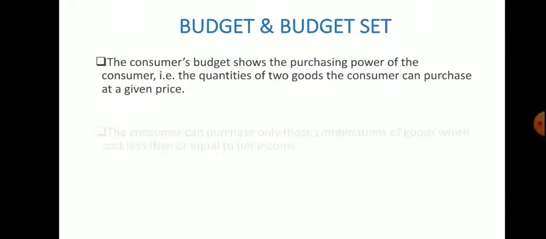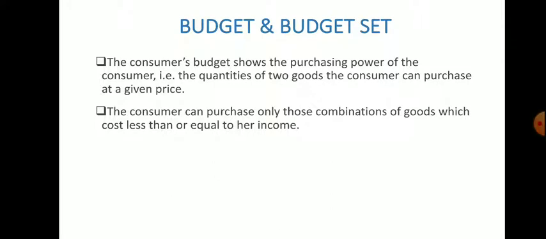Now, the consumer can purchase less than his or her budget or equal to that. He or she cannot purchase more than that budget. If the person is having 10 rupees, he can spend that 10 rupees to purchase those two commodities.